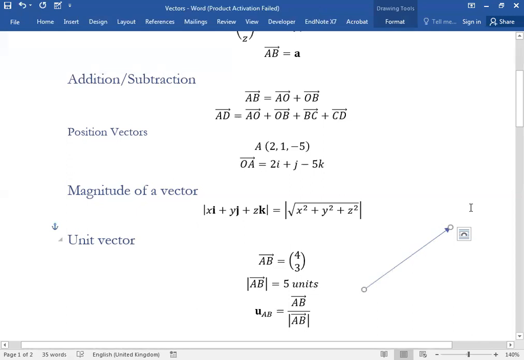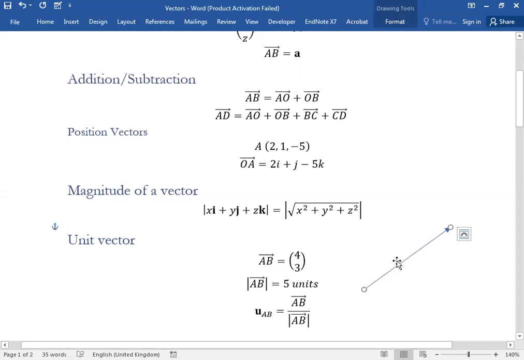Now, what is the magnitude of this vector? If the movement in x is 4 and the movement in y is 3, what is the magnitude of this vector? 5. Absolutely right. The magnitude is 5.